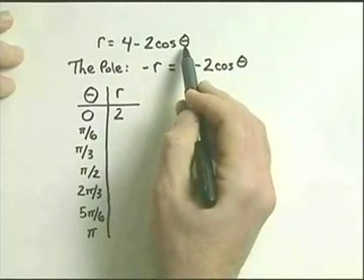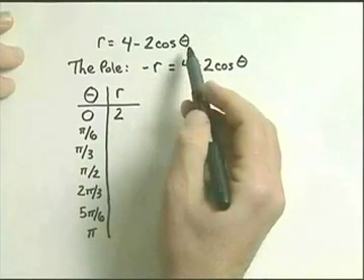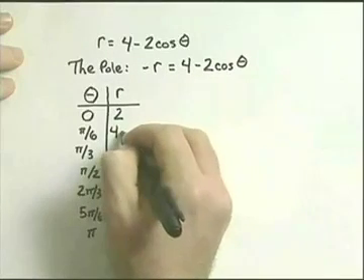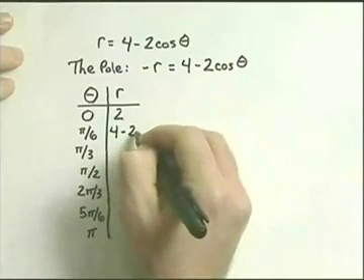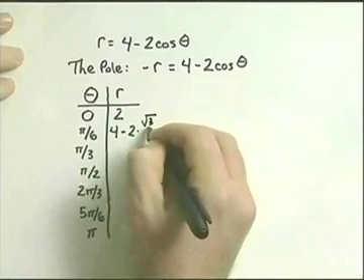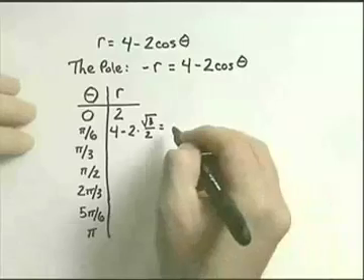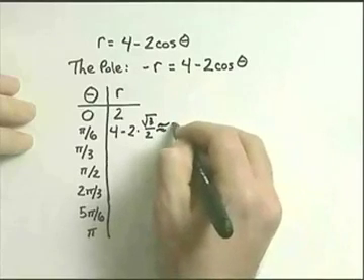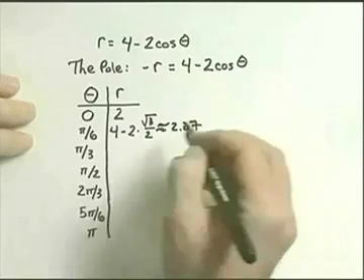The cosine of pi over 6 is square root of 3 over 2. So I end up with 4 minus 2 times the square root of 3 over 2, which gives me 4 minus the square root of 3, which is approximately 2.27.